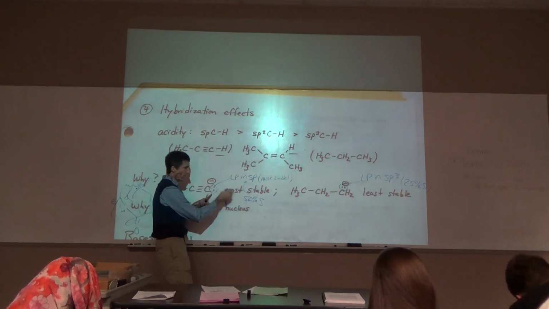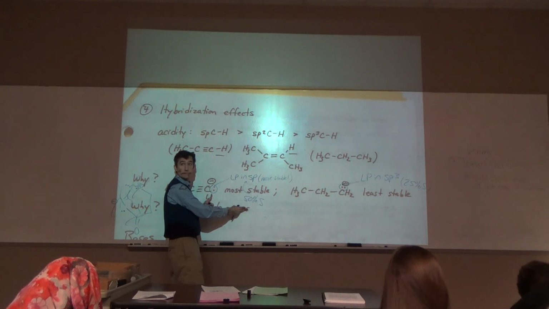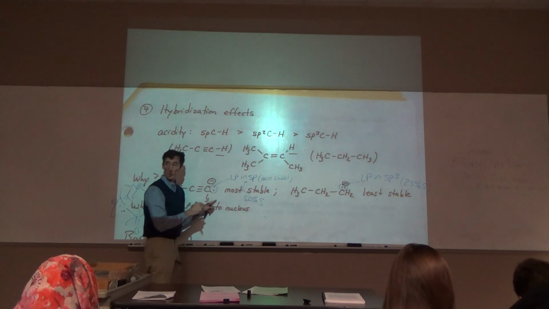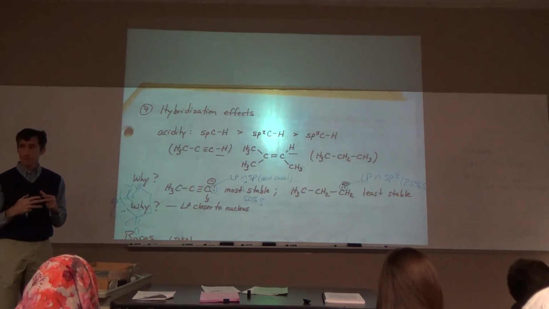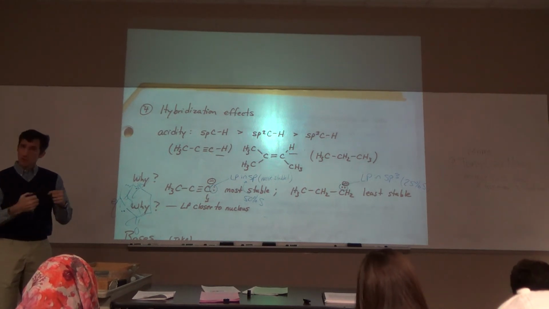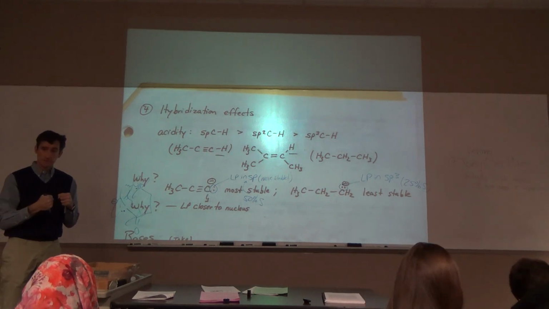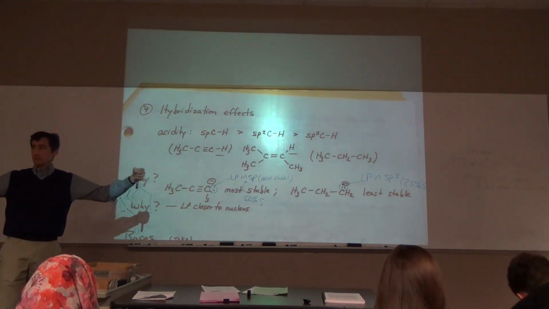A lone pair in such an orbital is going to be closer to the nucleus. More s character, closer to the nucleus. The closer the lone pair is to the nucleus, the more stable it is. The nucleus is like mama. The closer the lone pair is to mama, the more stable it is. The nucleus is positive, and the closer your charges are together, the better, because charge separation takes energy.